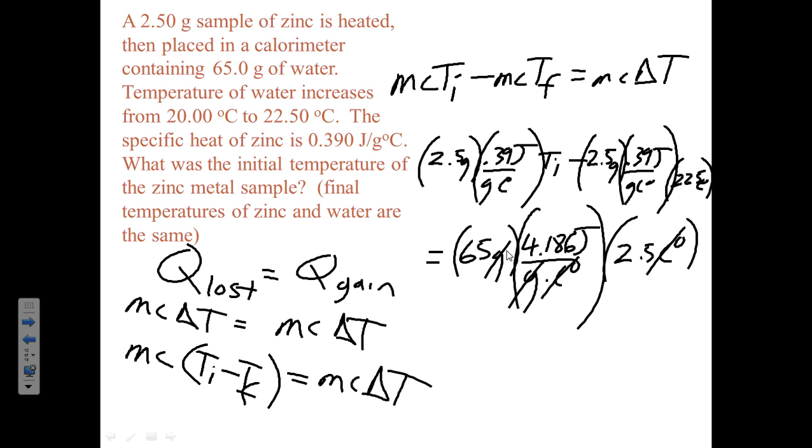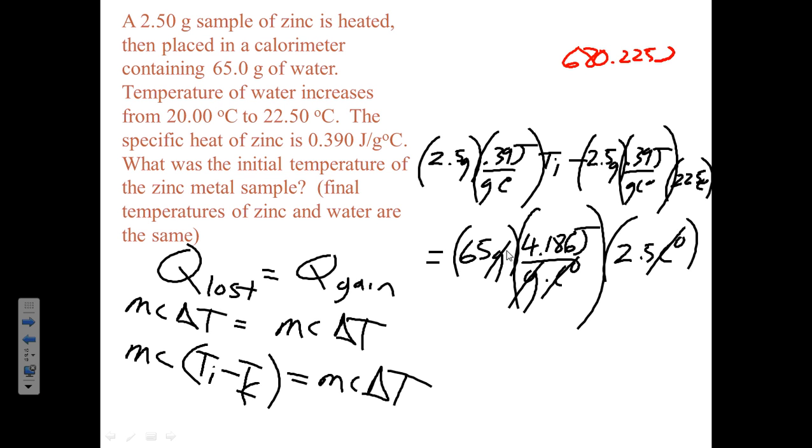All right, I'm going to try to make some space here by multiplying out a few things. So I'm going to multiply out the water stuff. 65 times 4.186 times 2.5. When I multiply out the water side of the equation, I get 680.225 joules. That's just the water side of the equation.